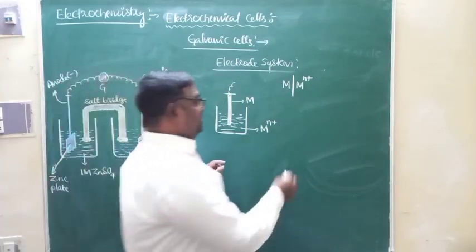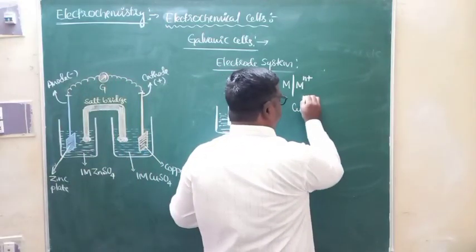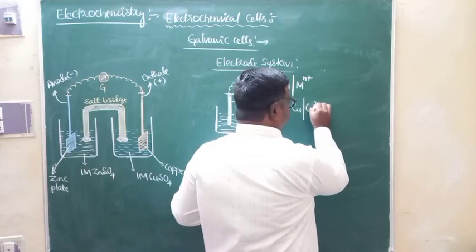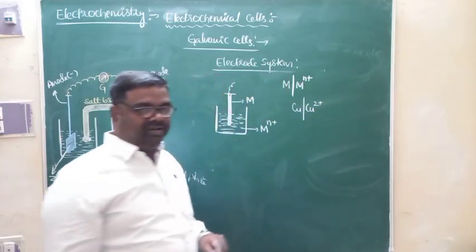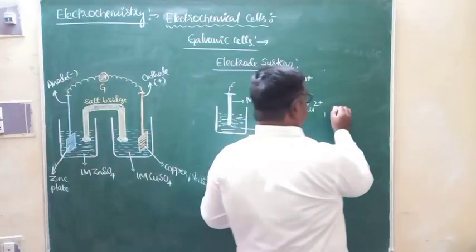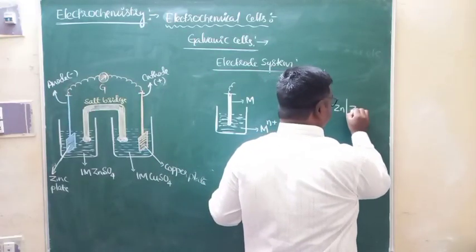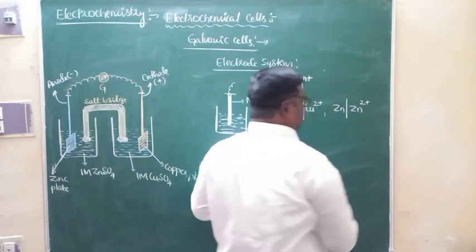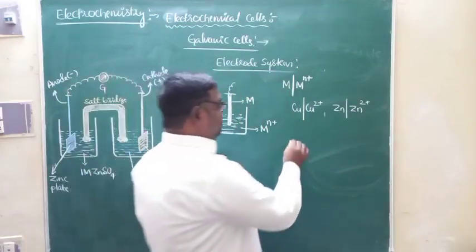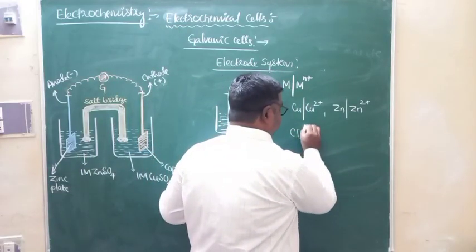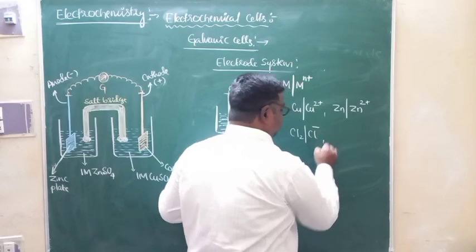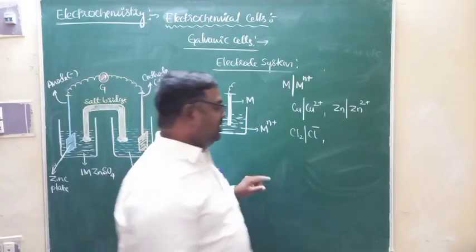Say for example, if copper is placed in a solution containing its own ions, you get a copper electrode system. When zinc is placed in a solution containing its own ions, you get a zinc electrode system. When chlorine is placed in a solution containing its own ions, you get a chlorine electrode.